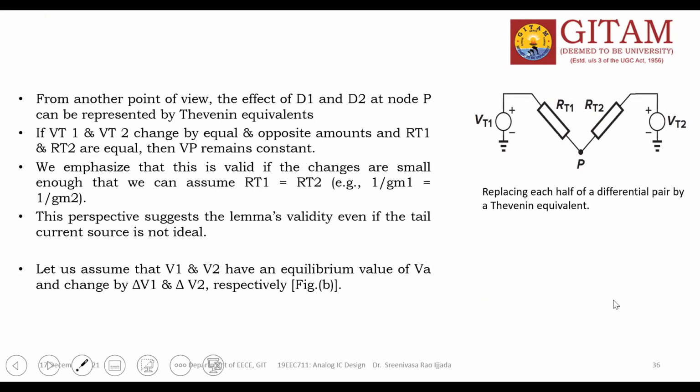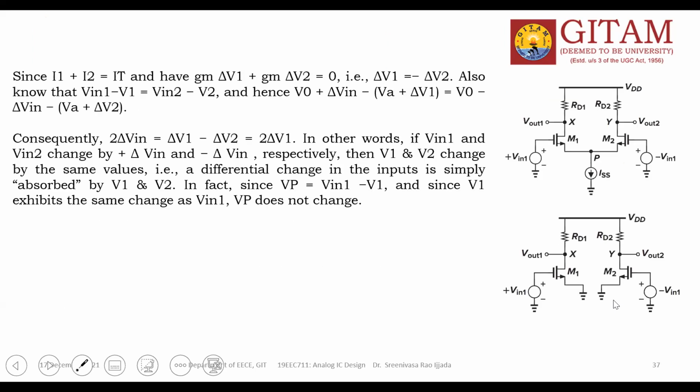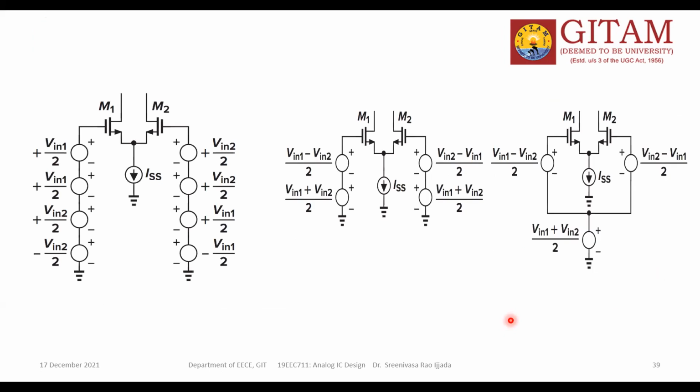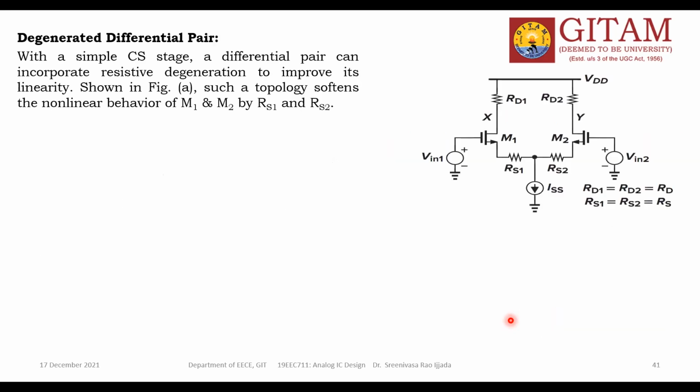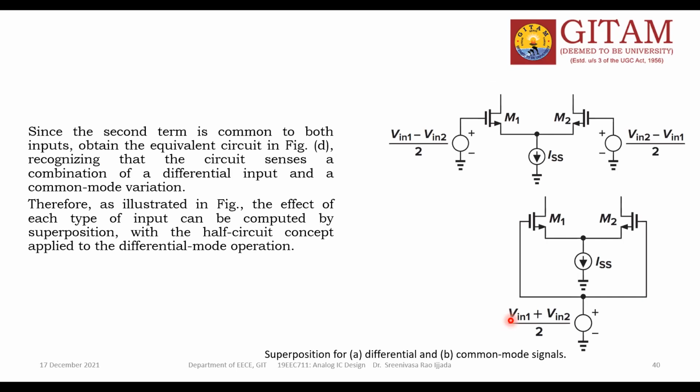But finally, by using the Thevenin equivalence, you can divide your differential pair circuit like this. Based on the half circuit, you can convert it like this, and finally, the gate potential supplied for M1 and M2 is (Vin1 plus Vin2) by 2.